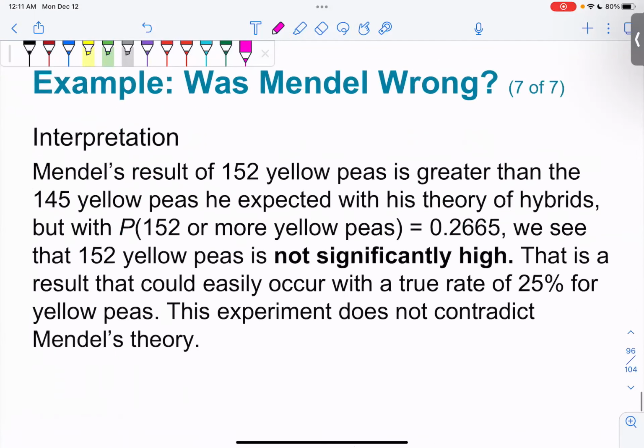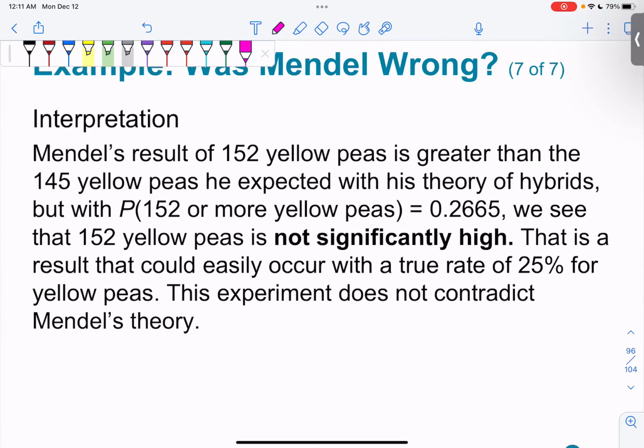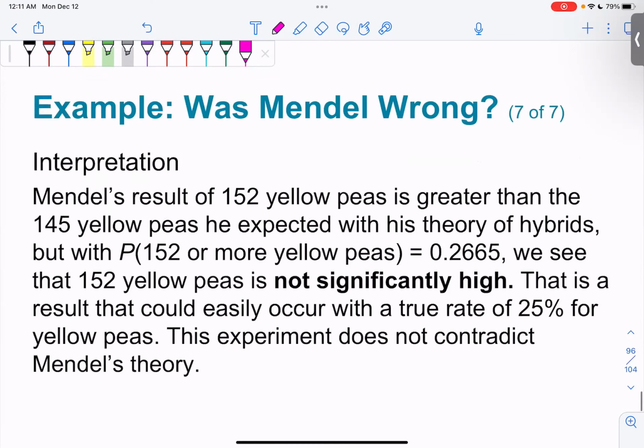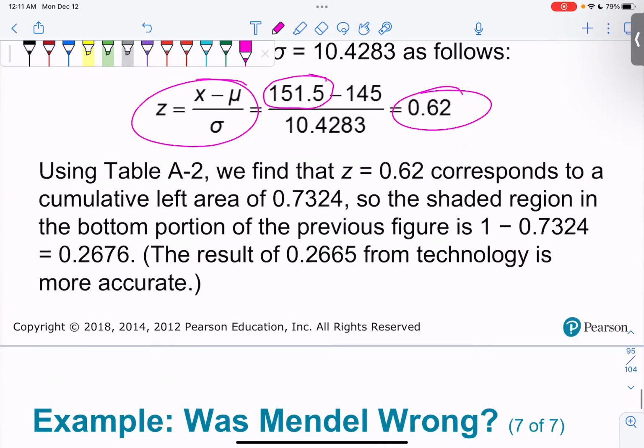If you do this, using the table you will get this probability, 0.2676, but we used the technology and found this value, which is more accurate.